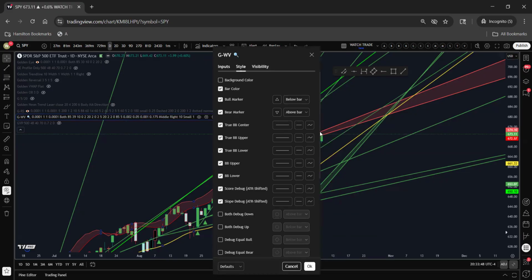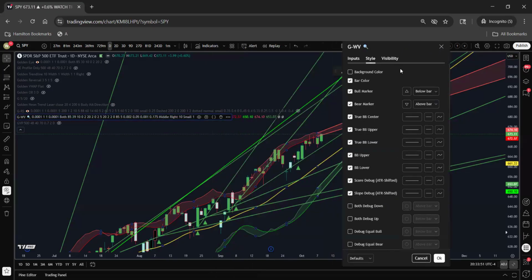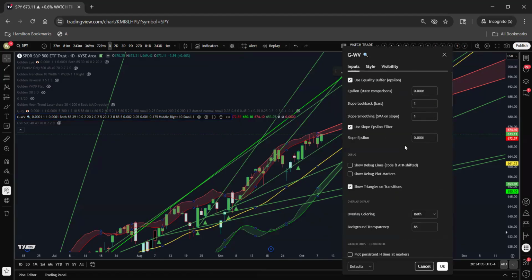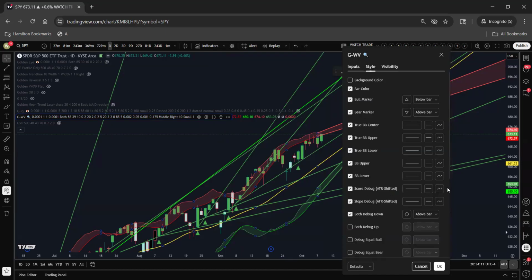All right, so let's turn on some more features. I'm not going to keep the debug on. So this is the debug. We have to go into inputs first and show debug plot markers, because these are the plots over here.